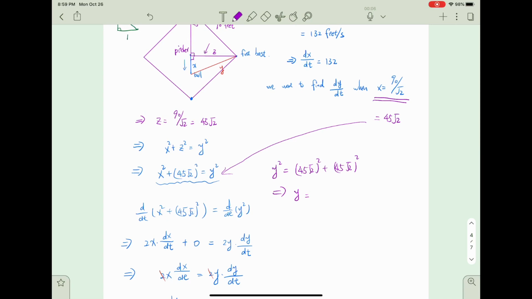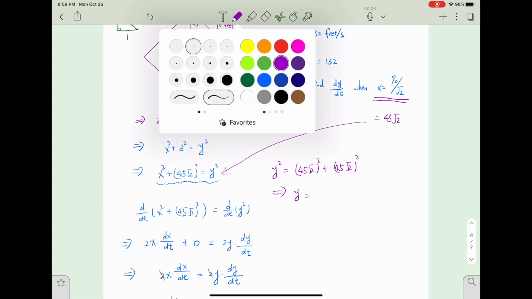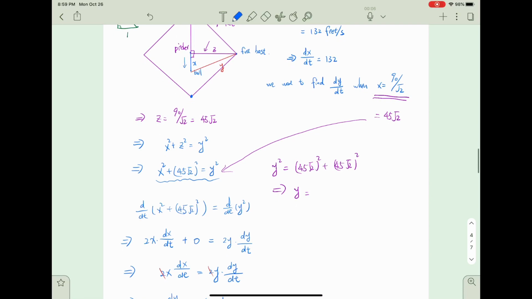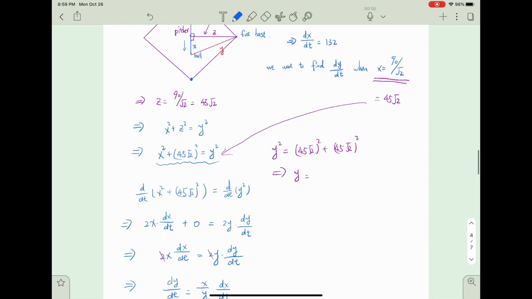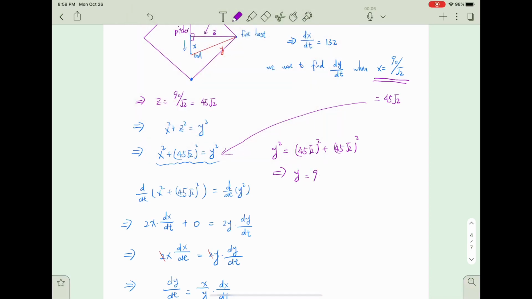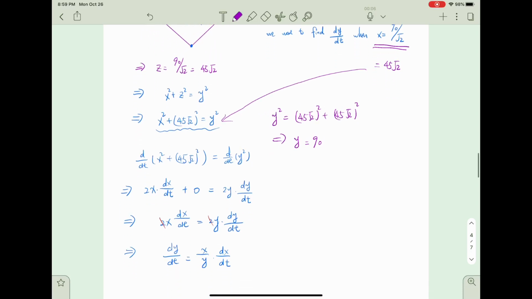You can see that if x increases to this length, then y will be the same as one of the sides of the square. So no need to compute, y is equal to 90. If you compute that, it's fine, but I'm just telling you that it's 90 feet without computation. So we know that y is 90.